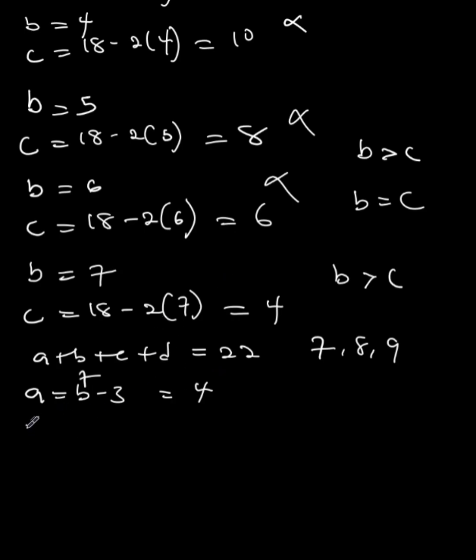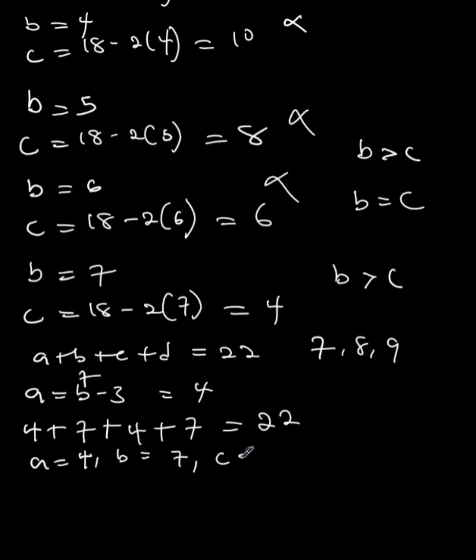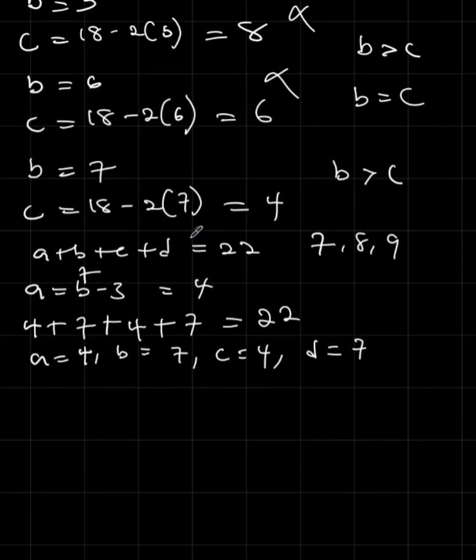Now, if A is 4, we have 4 plus B, which is 7, plus C, which is 4, and then we already know from the question that D is also 7. Now, let's confirm if this is true. 4 plus 7 is 11. 11 plus 4 is 15. And then 15 plus 7 is 22. So that means A is equal to 4, B is equal to 7, C is equal to 4, and D is equal to 7.